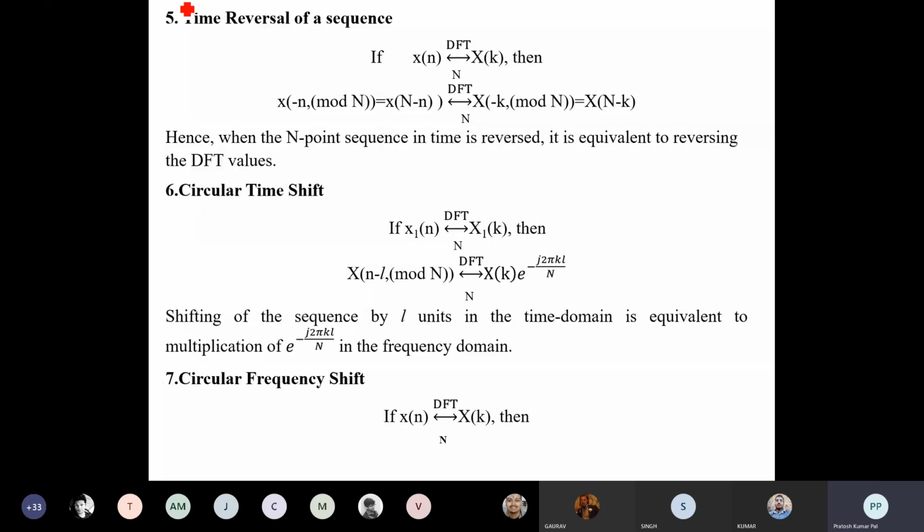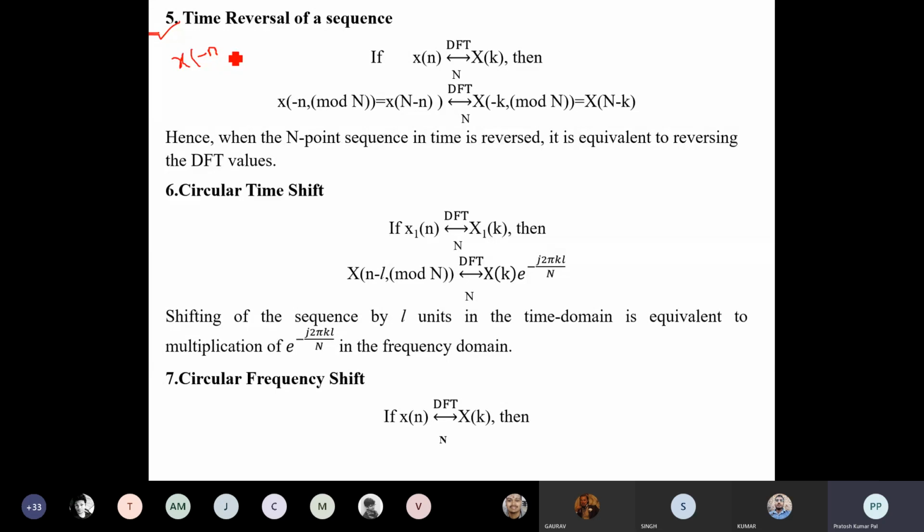Another one is time reversal. Suppose x of n is there, its DFT is x of k. Then we need to find the DFT of x of minus n. हम डायरेक्ट इसको रिप्रेजेंट नहीं करते, हम इसको रिप्रेजेंट करते हैं in the form of shift, that will be in the form of circular shift.